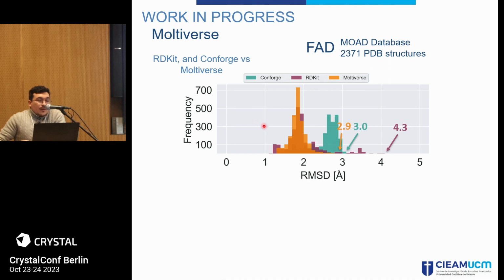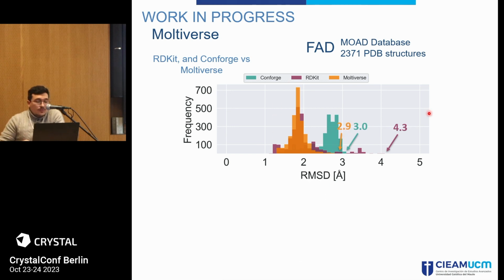Then you have CADD. It has a really good prediction in this area under 2, but one molecule was predicted at 4.3, really far away. And we have Multiverse, our version, 2.9, and with this distribution.